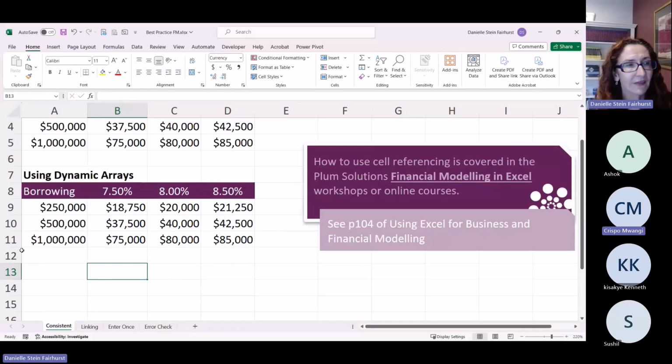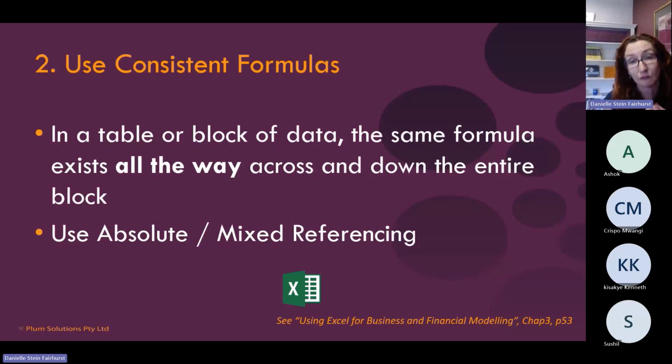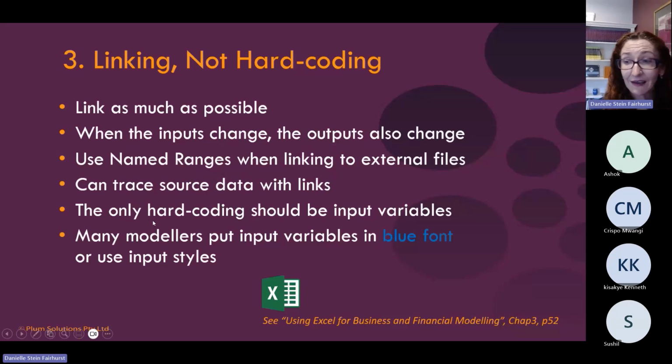Yeah, so that's number one: consistent formulas. So having one block of data. It's not hard, it's not rocket science, but especially when you're building a financial model, it's about having it consistent. So the next point is always linking, not hard coding.